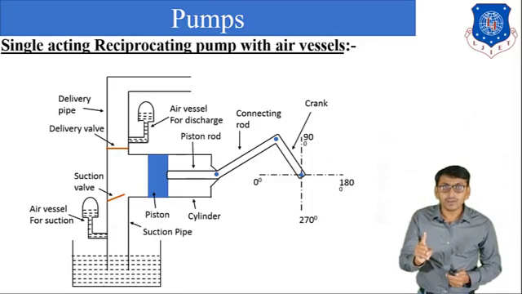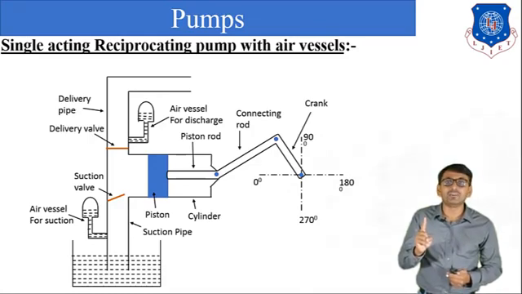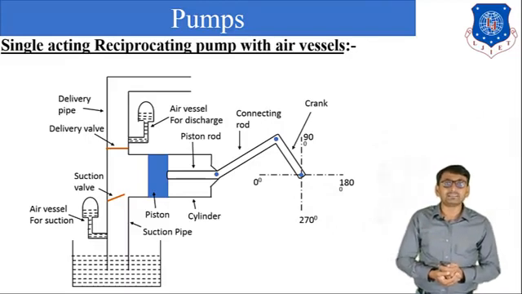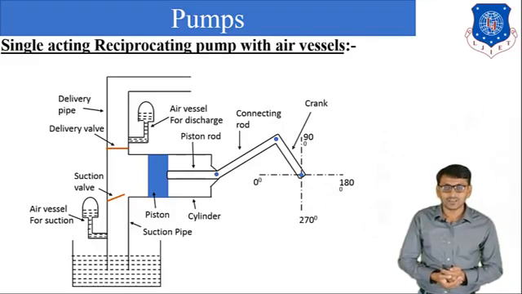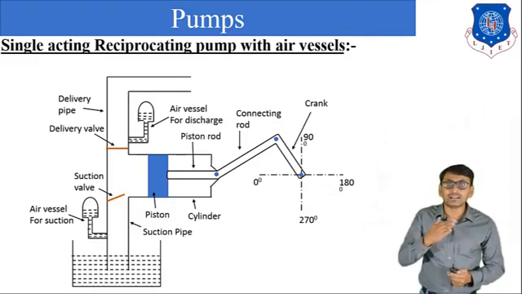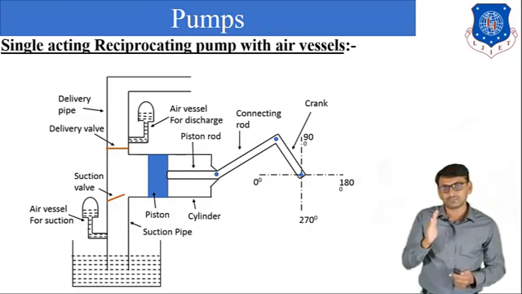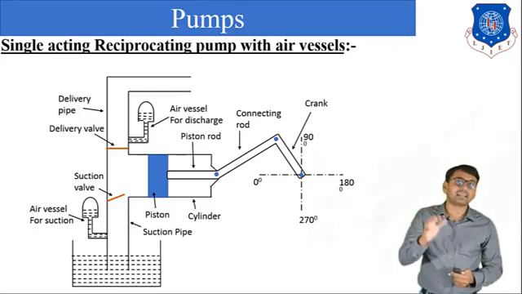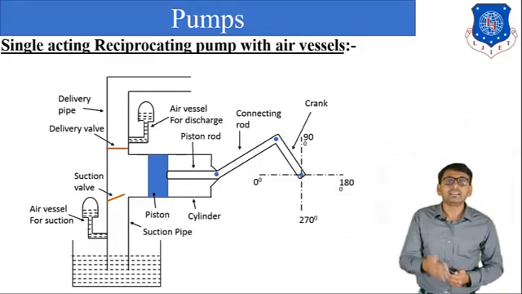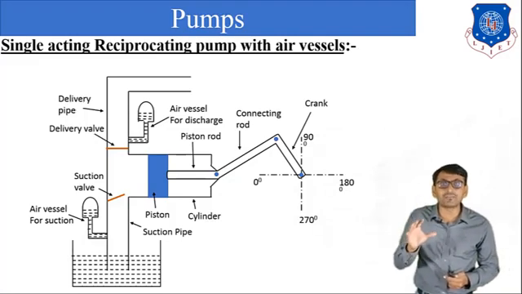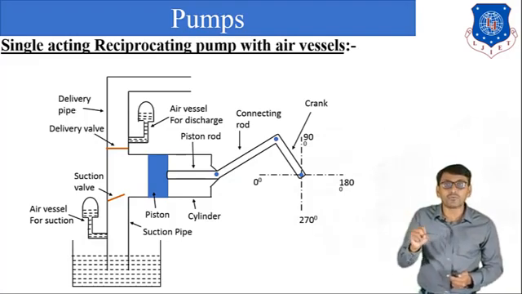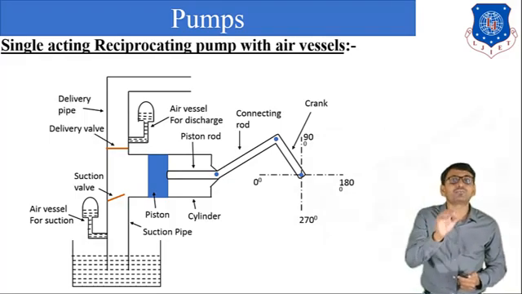During the first stroke, water is supplied from the air vessel attached to the delivery pipe, and during the second stroke, water present in the cylinder is discharged to the application. So we get a continuous supply of water in the first stroke and in the second stroke. The air vessel is used as a temporary reservoir of water which stores water for a very short duration of time.